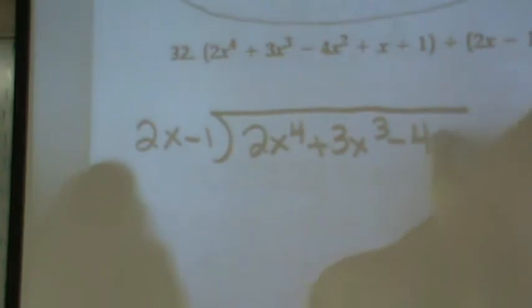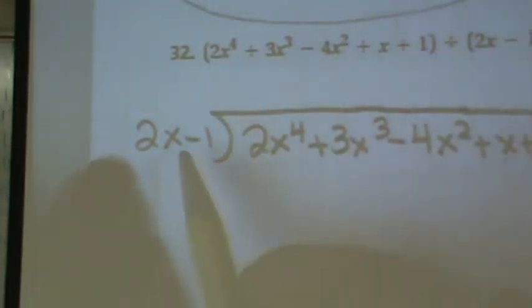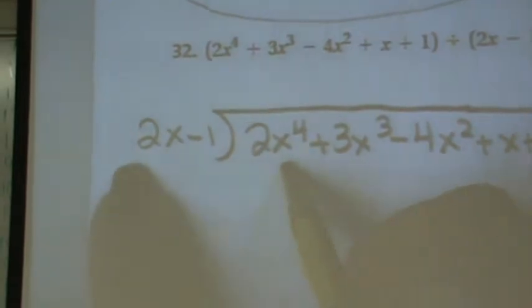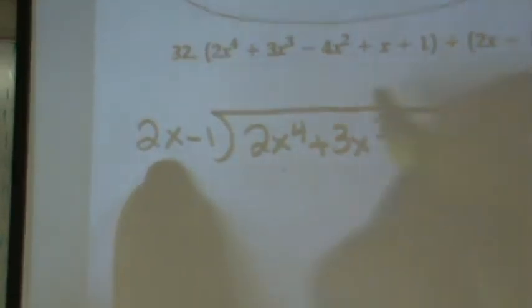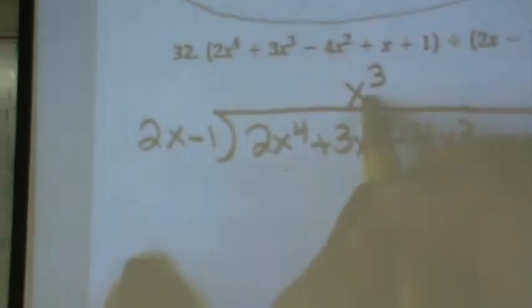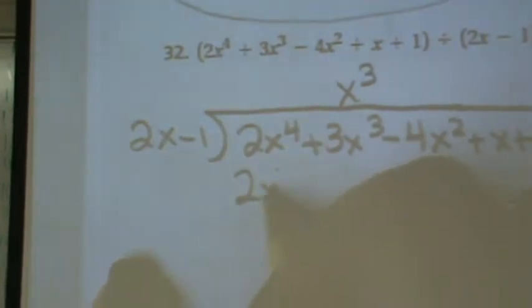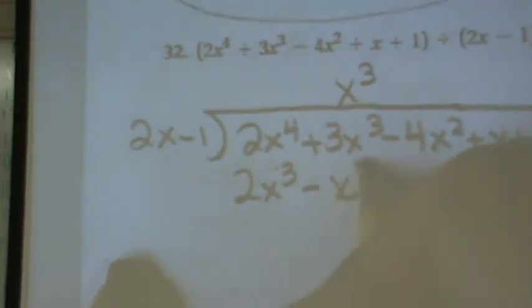Number 32, we have to use long division. We have 2x minus 1 goes into 2x to the 4th plus 3x cubed minus 4x squared plus x plus 1. So 2x times what is 2x to the 4th? That would be an x cubed. So this times this is 2x cubed minus x cubed.